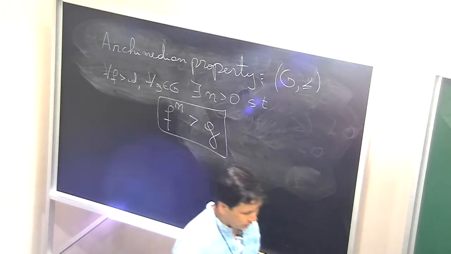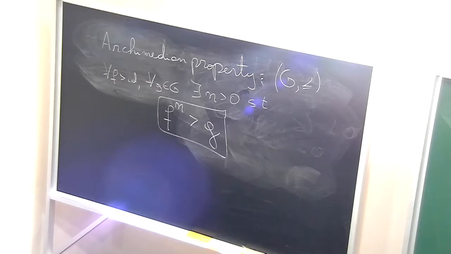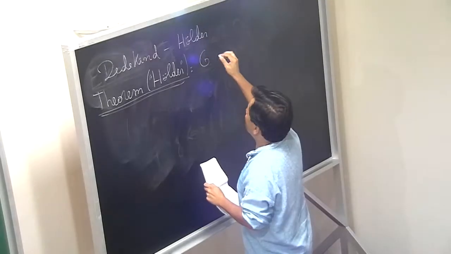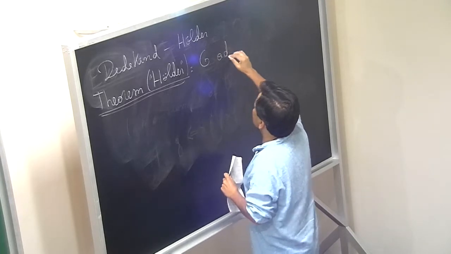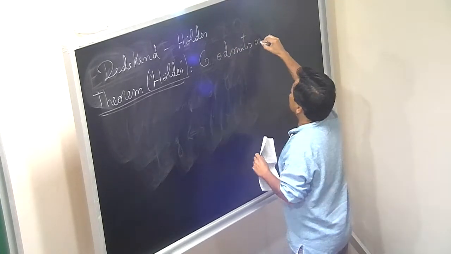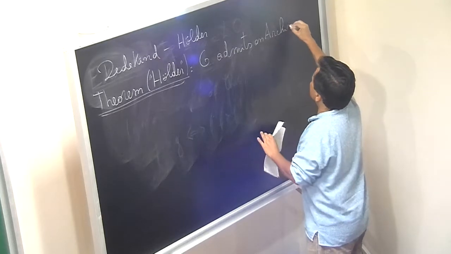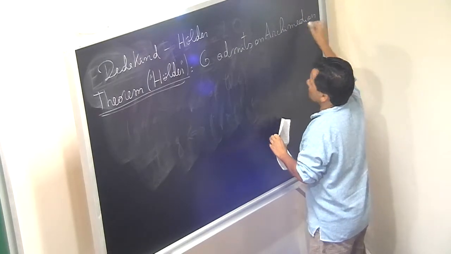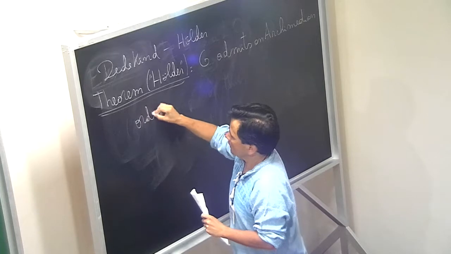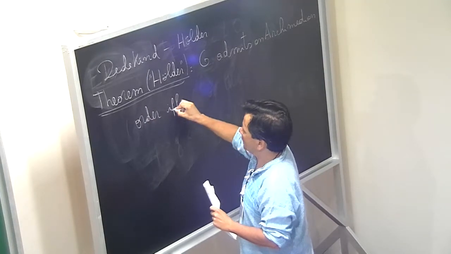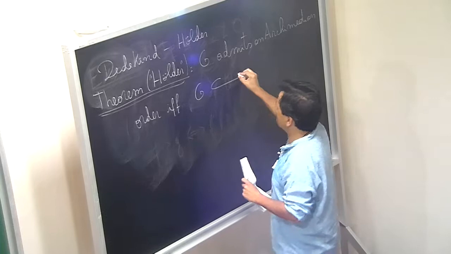Okay, the theorem of Holder says the following. It's a characterization of groups that admit a left order which is Archimedean. So a group G admits an Archimedean order if and only if G embeds into the reals.